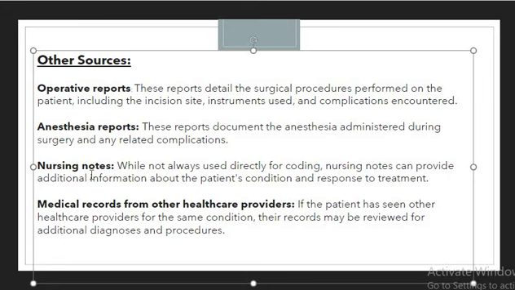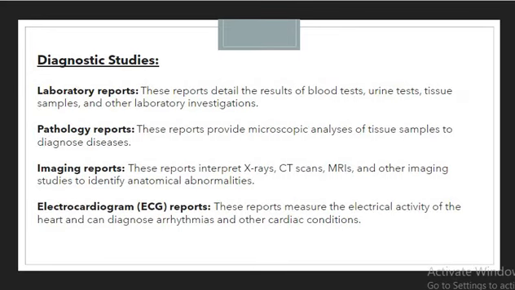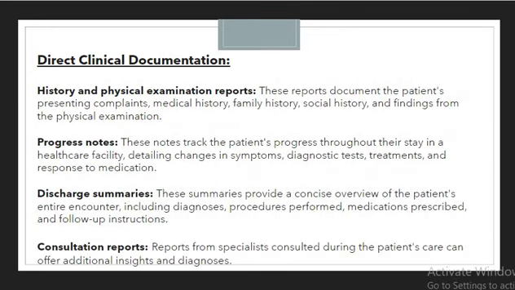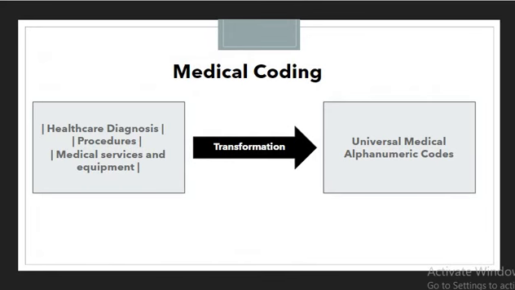Okay. Then we have medical record from healthcare providers. If the patient has seen other healthcare providers for the same condition, their records may be reviewed for additional diagnosis and procedures. Okay, so these are some sources which act as medical documentation, which we are using in order to perform medical coding. So what we have learned in this session is what medical coding is and what sources we can use as medical documents.